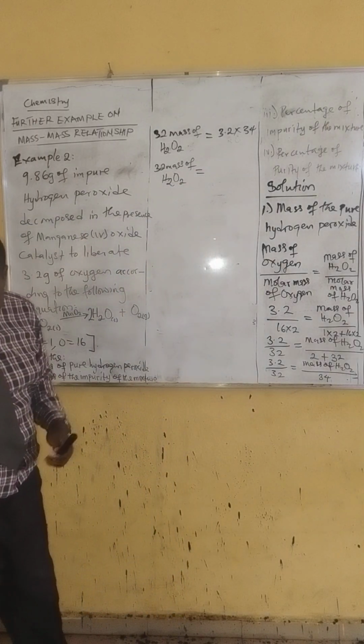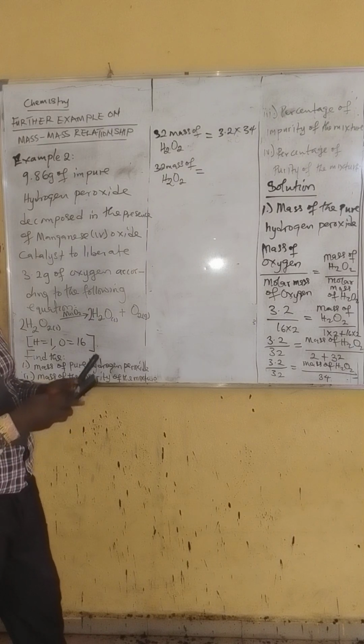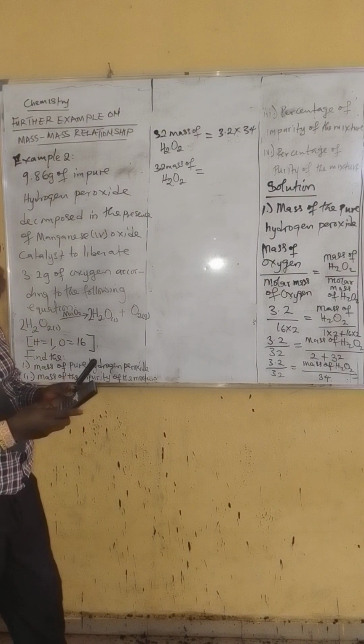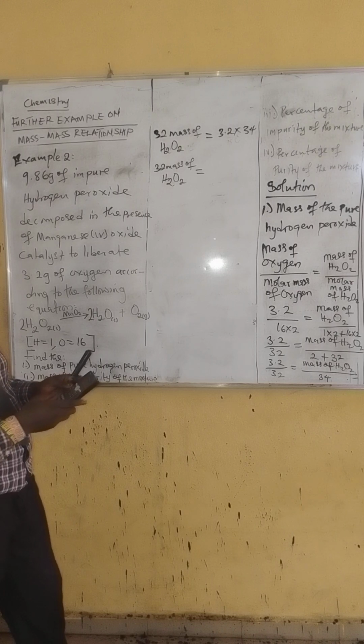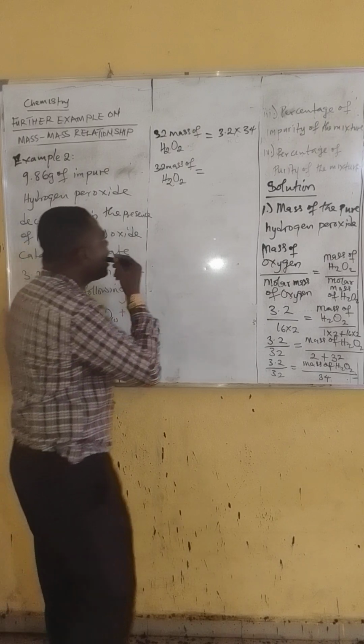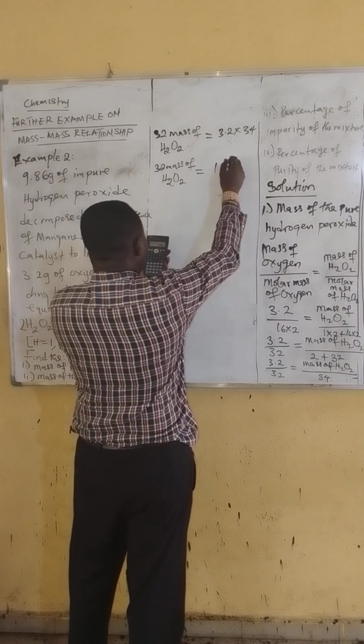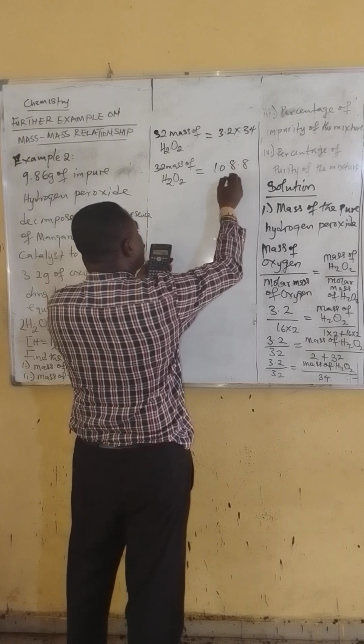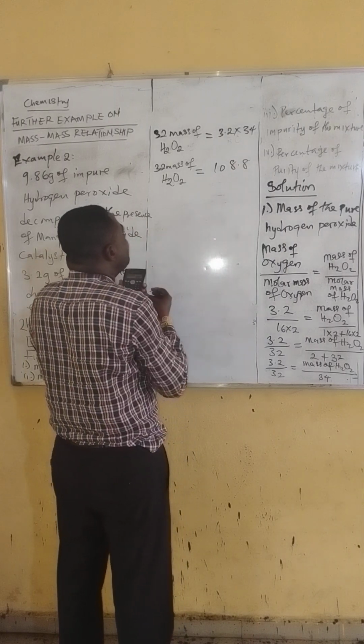Let's check with the calculator: 3.2 times 34 is 108.8. Now we divide that by 32.